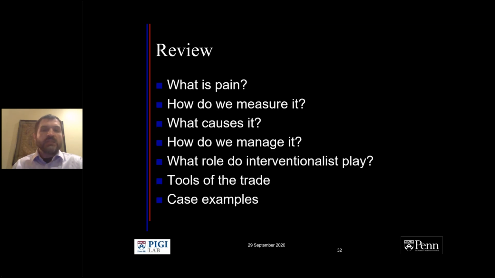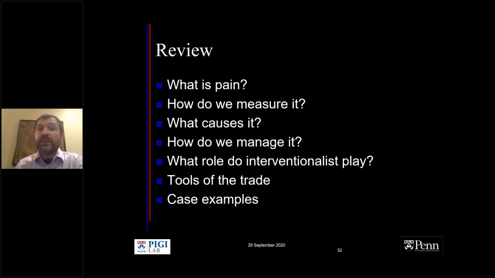All right. So in review, we covered an overview of what pain is for the patients, as well as what is causing it from a neurologic perspective. We covered the most common pain measurement scale, and how we manage pain, what role we play as interventional radiologists and image-guided therapists in addressing pain in our patients.